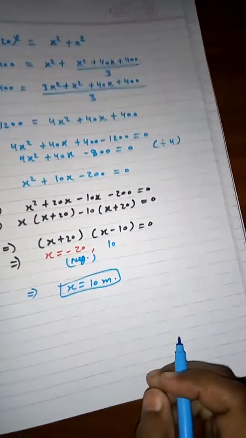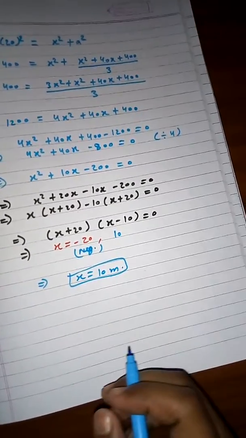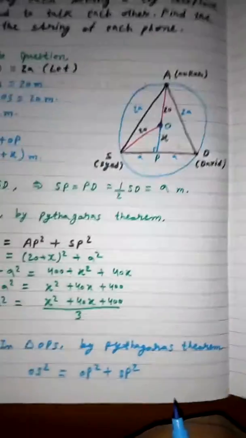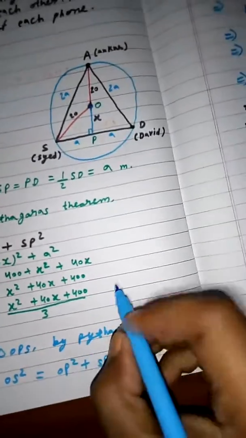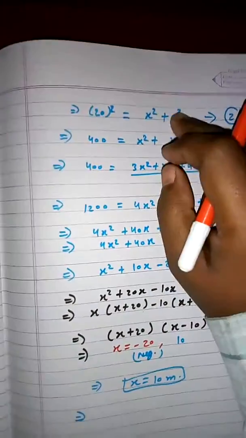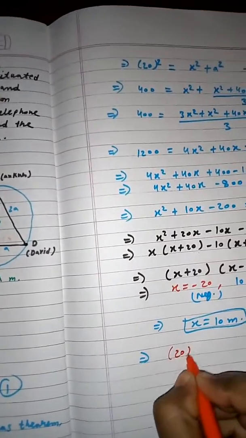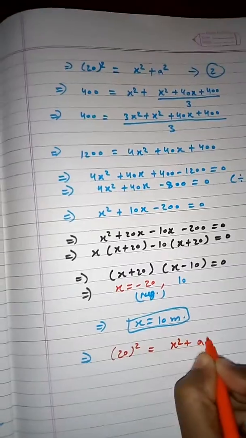Now we have to find the value of a. So I'm going to substitute this value here in equation 1. Or to make the question easy, we can substitute this value in equation 2, which is easier than equation 1. So we got the square of 20 is equal to the square of x plus a square.